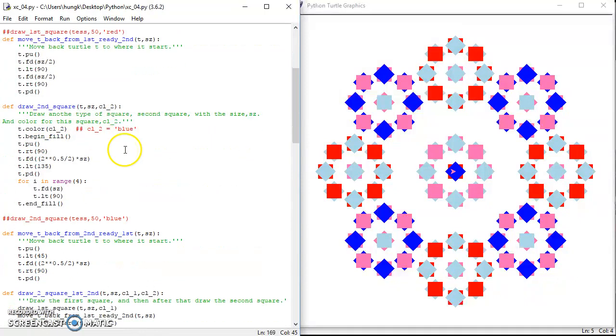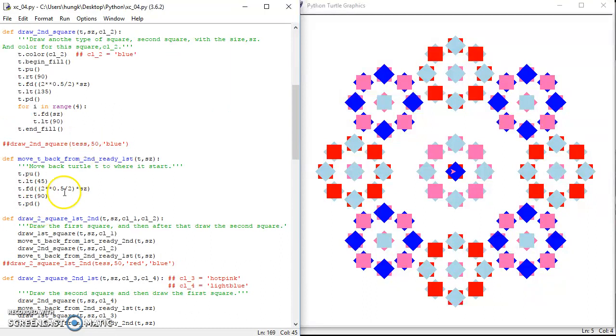To draw the second square, it's the blue one, like this one here on the top, and here is the code. CL2 is equal to blue. Then we use pen up, right 90, and then forward square root of 2 over 2 times size, and then left 135, and start to draw another square.